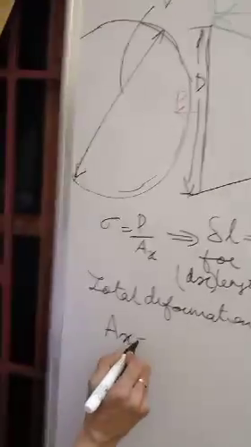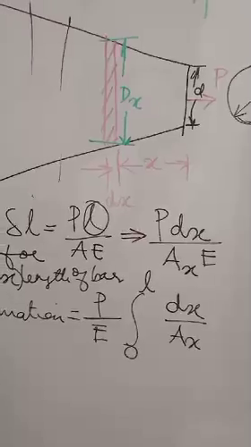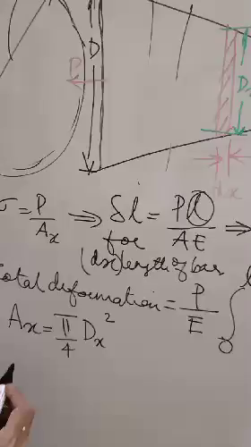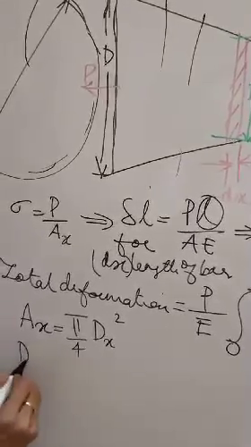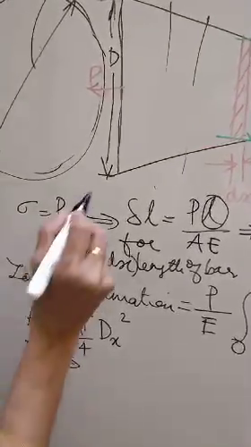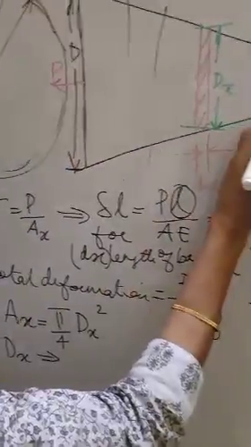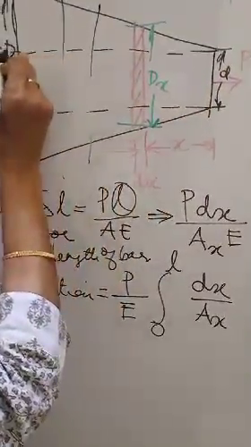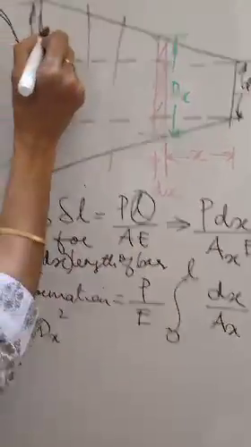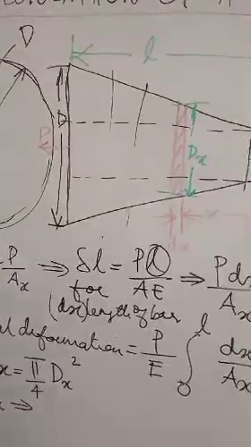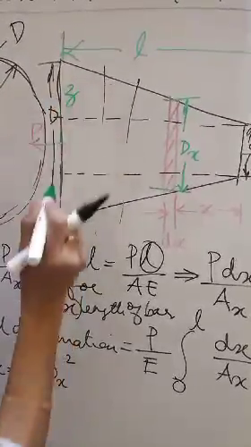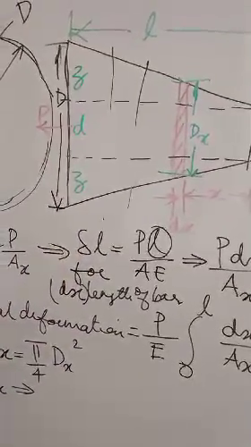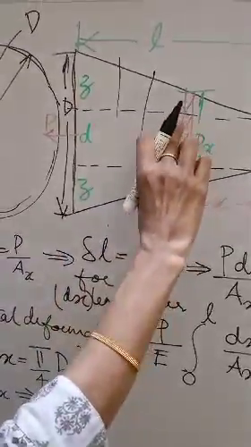Ax is nothing but the area of cross section at this cross section. So it is actually pi by 4 into dx square, right? So what is dx? How will you find out dx? For finding out dx, you just project vertical lines from this small diameter d. So say this distance is Z, and this is also Z, and this is small d.